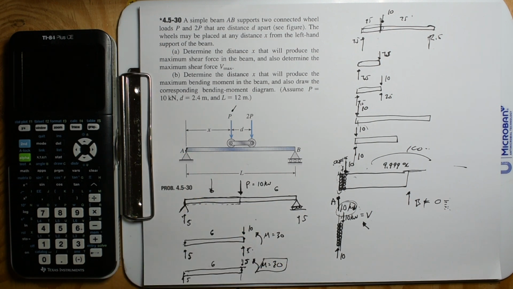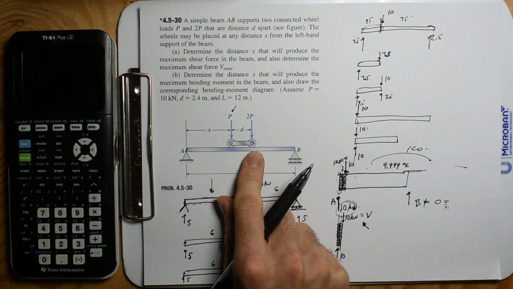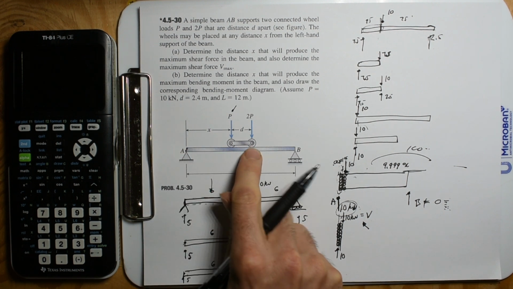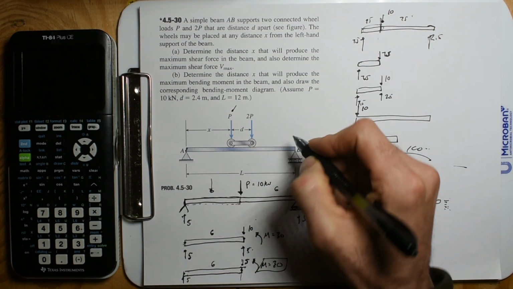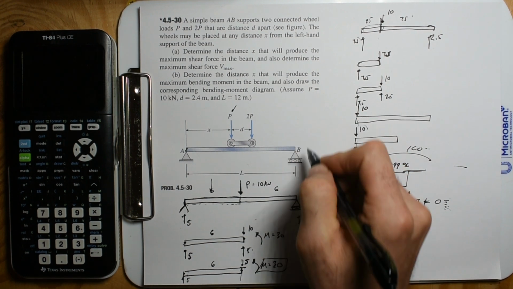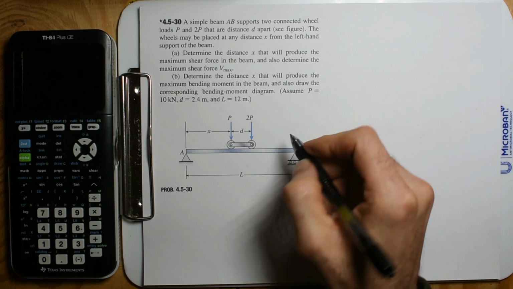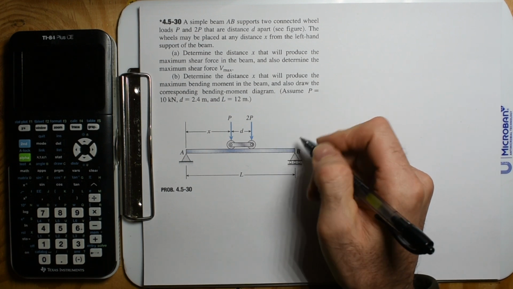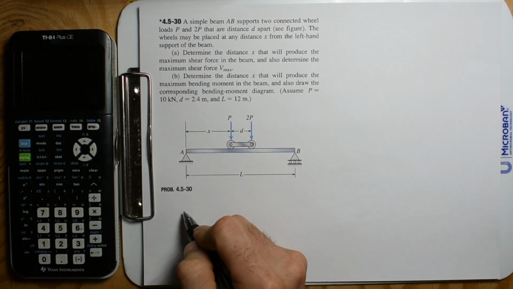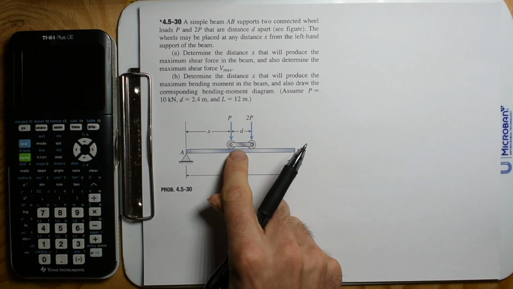And so that is fascinating. Is this problem set up wrong? Wouldn't the biggest shear be where you take this 2P directly over B, but not directly on top of it, just one molecule to the side? So let's do that, because this problem is freaking me out. Let's do the P over A first, and I think we already solved for that.